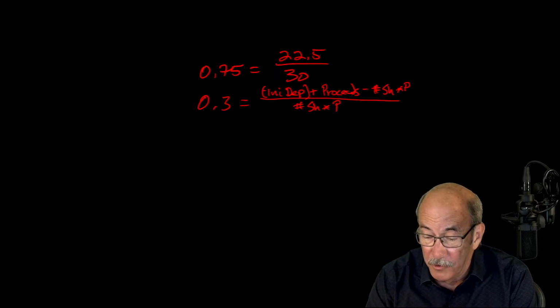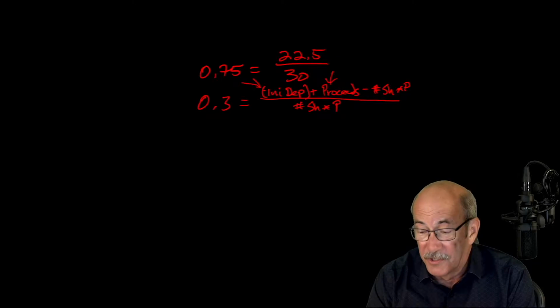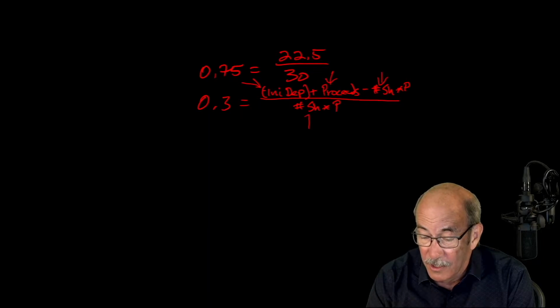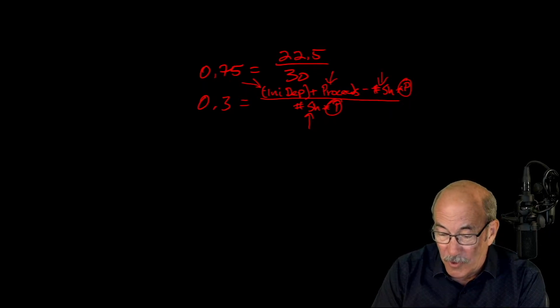And what we'll know is what our initial deposit is. We know what proceeds we earned on the sale of that stock. And then we also know how many shares we've got in it. So those are all known, and we've got this one unknown, and we could solve that way. That's one way of doing it.